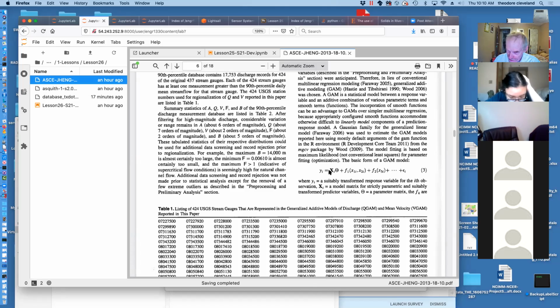So x sub 1, x sub 2, and so on. In this case, it has more dimensions than just the rows. There's also some secondary and tertiary dimensions. This theta is the unknown parameter matrix that we're trying to find values for.